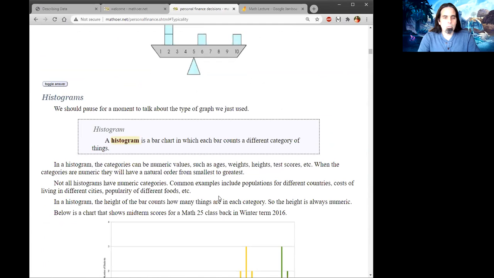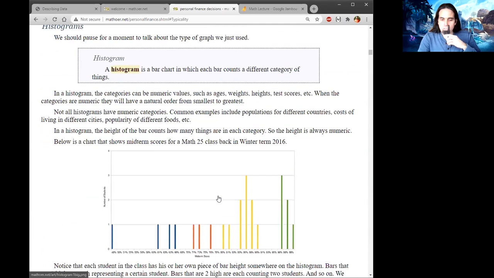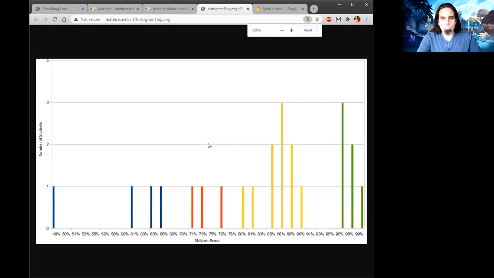The type of chart is called a histogram. So that's our new vocabulary. It's a bar chart in which each bar counts a different category of things. So I'm going to open this one. Bigger. So here are midterm scores from one of my Math 20 classes a long time ago.